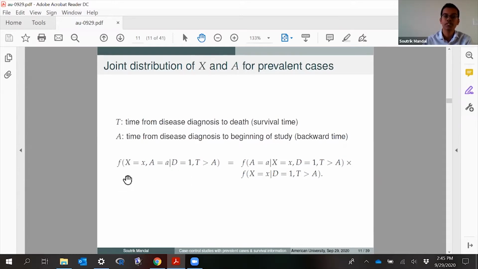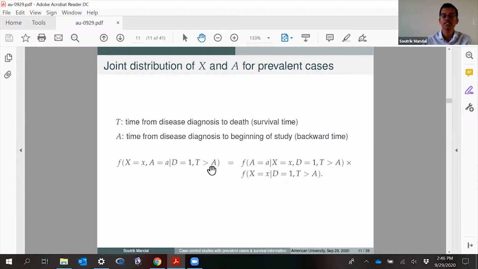We are interested in the joint distribution of x and a given that D equals to 1, which denotes a case, and then t greater than a, which means that the survival time is greater than the backward time. And as I said, for observed prevalent cases, the survival time has to be greater than the backward time, because if t is less than a, that means the prevalent case died before the beginning of the study, so they were not observed. So for observed prevalent cases, you need these two.